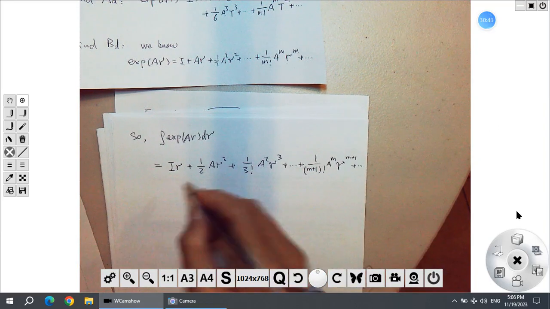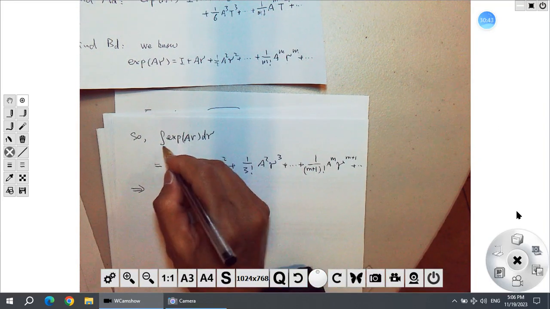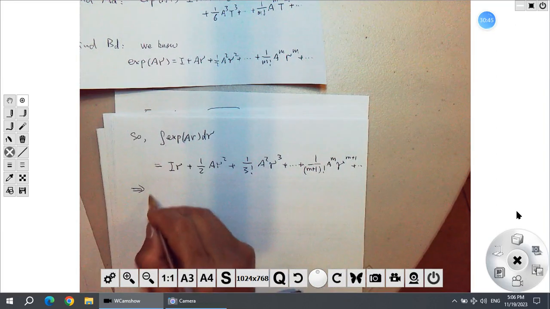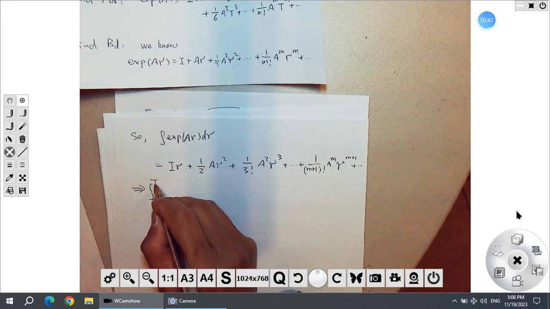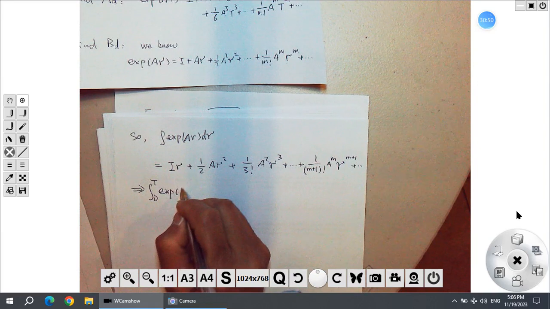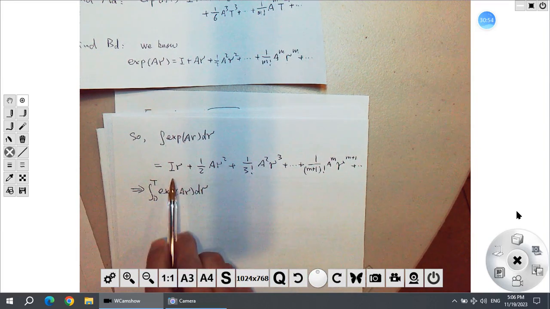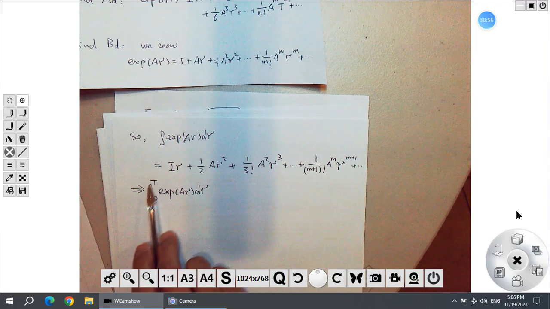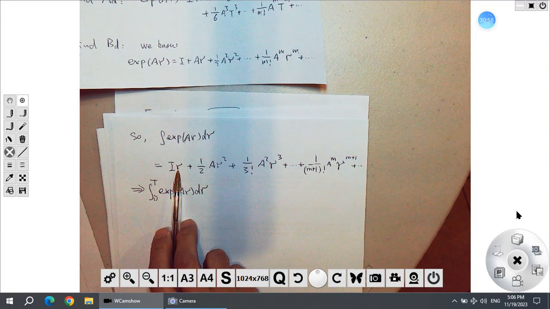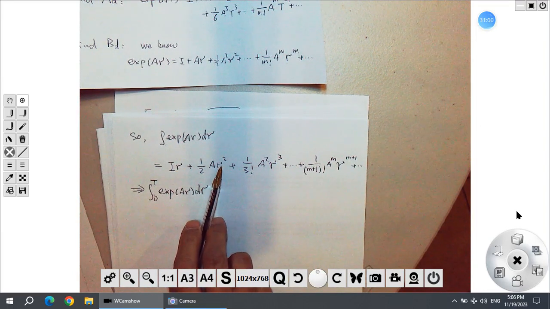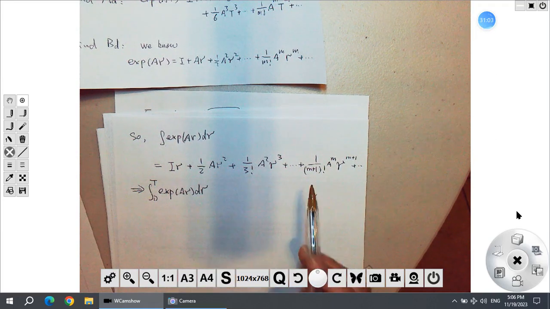Okay, now we want the integral from 0 to t of exponential power A gamma d gamma. We just replace all the gamma by t. Subtract, we replace all the gamma by 0. That is totally 0, so we only need the t terms.